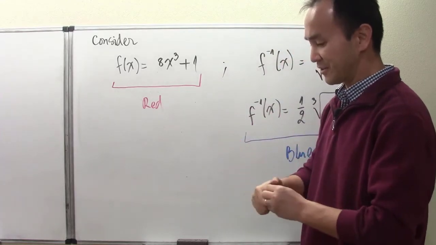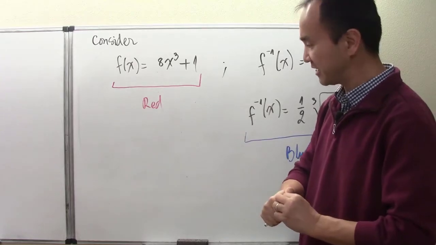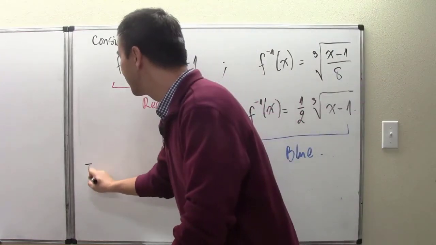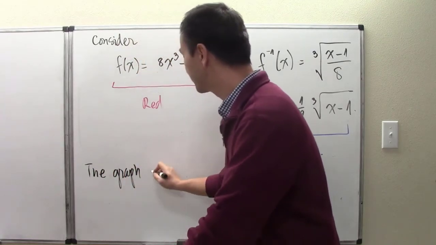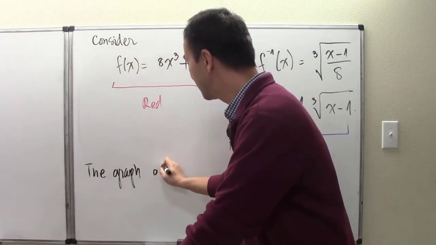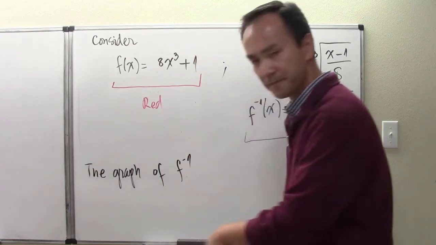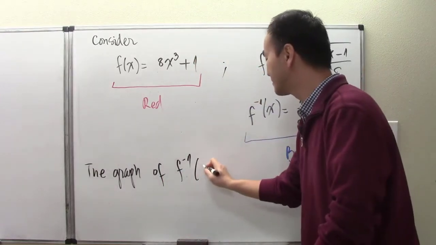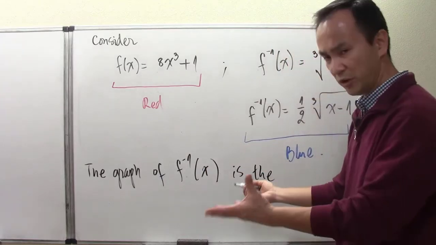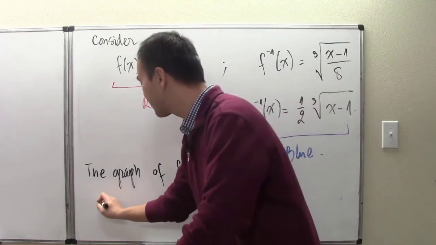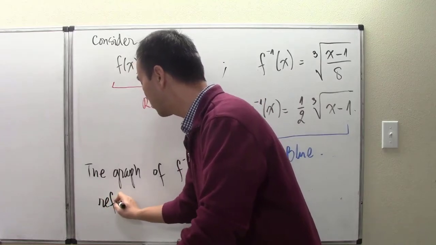Okay, so I will write: the graph of f inverse is, formally speaking, the reflection. That's what we observed right there.